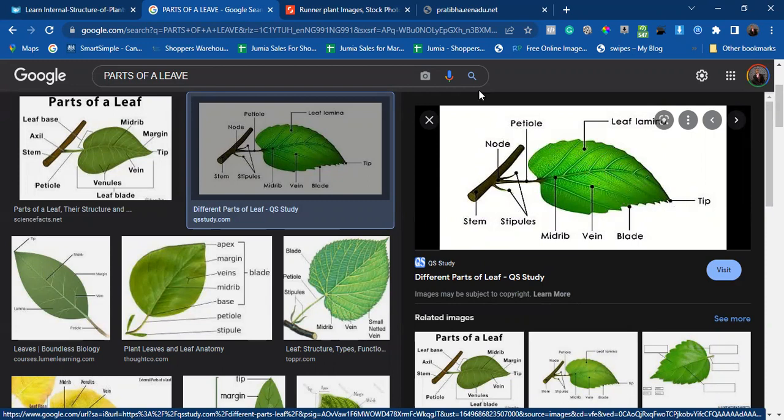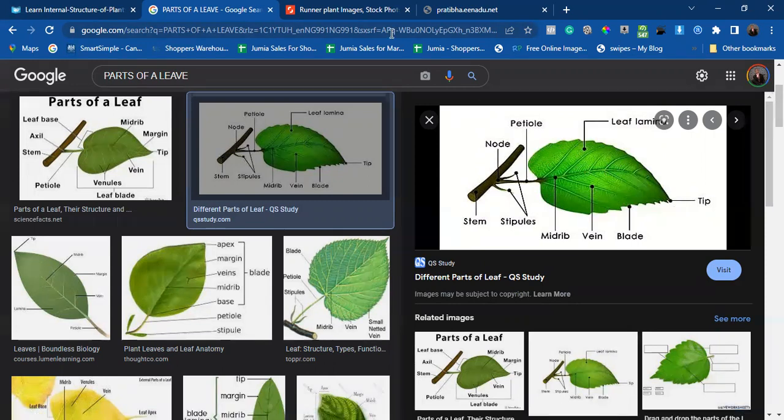Let me use annotation. These edges are known as the blade. This place is called the tip. The lines you see inside the leaf are called the veins.